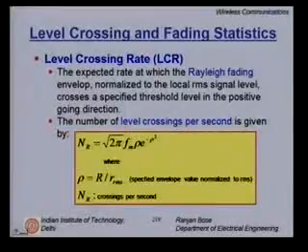The level crossing rate, or LCR, is defined as the expected rate at which the Rayleigh fading envelope normalized to the local root mean square sigma level crosses a specified threshold level in the positive going direction. So, it is a very clear cut definition.